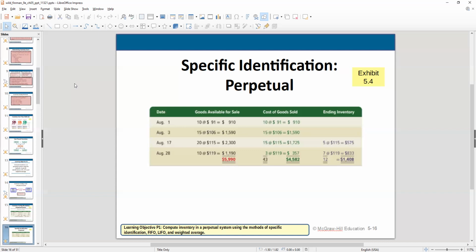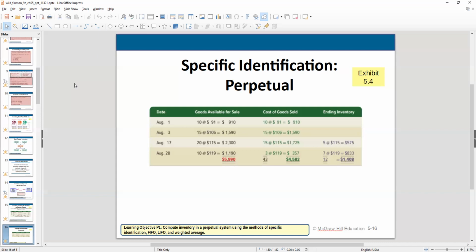So you can see cost of goods sold is $910. Now, what we're going to do is track goods available for sale in these charts. Then we're going to track cost of goods sold. And then we're going to track the ending inventory based on what we count at the end of the period. And here it shows we had 5 bikes left at $115 and 7 at $119. And that's given us our ending inventory.